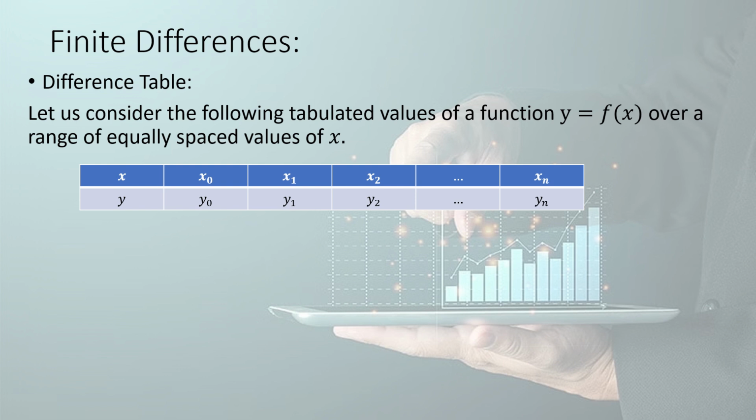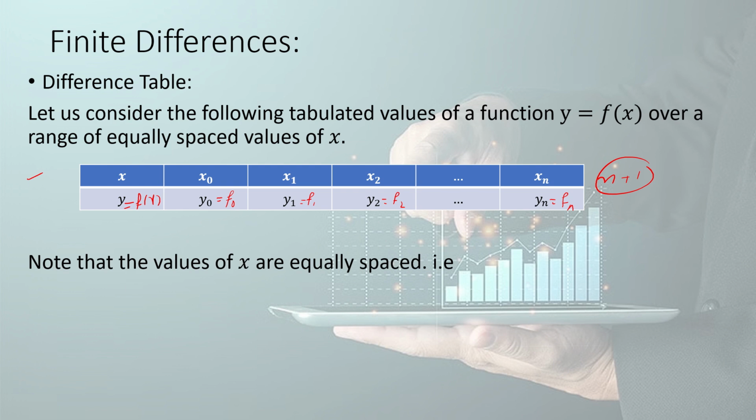We also use notations like, if the function is given as y is equal to f of x, we can write these notations as well: f0, f1, f2, and so on. Generally we write that the last one is fn. So you see there are n plus 1 points, starting from x0 and going up to xn.